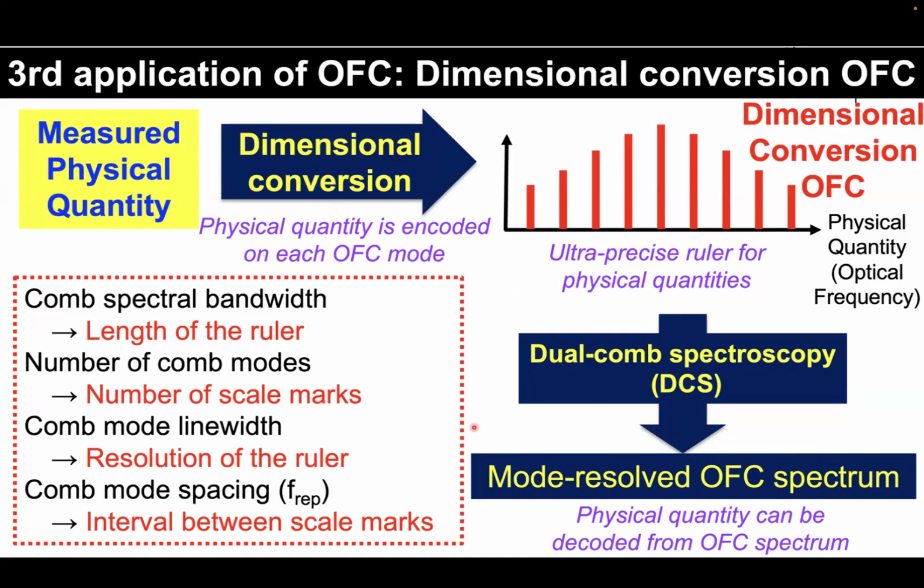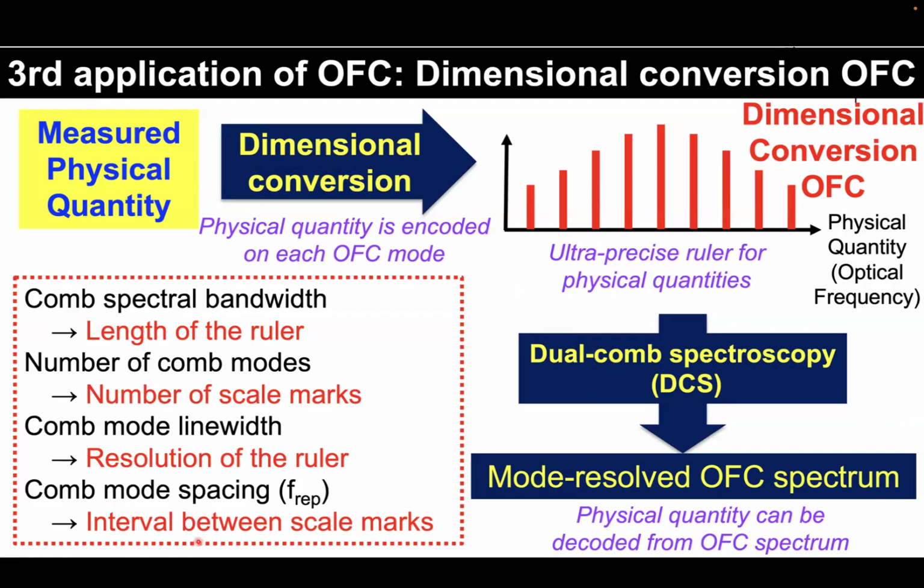In this application, the comb spectral line width, the number of comb modes, and the comb mode spacing respectively correspond to the length of the ruler, the number of scale marks, the resolution of the ruler, and the interval between the scale marks.